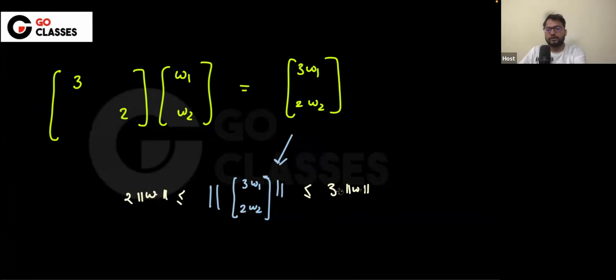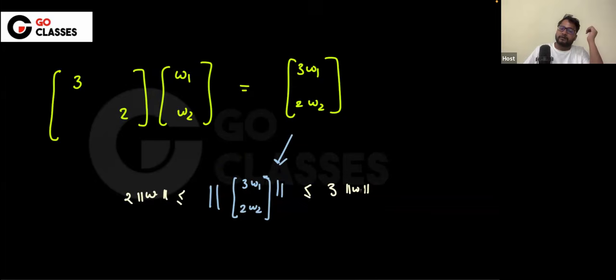Sorry, these are w's. If both are 3, is this fine to everyone? If both are 2's, then it will be 2 into w. If one is 3 and one is 2, it will be between 2 and 3, right? So if this is sigma 1 and this is sigma 2, the maximum value it can take is sigma 1 into something, and the minimum value it can take is sigma 2 into something. I mean, it will be between these, right? Because each of these coordinates is getting stretched or shrunk by sigma 1, sigma 2 only, right?